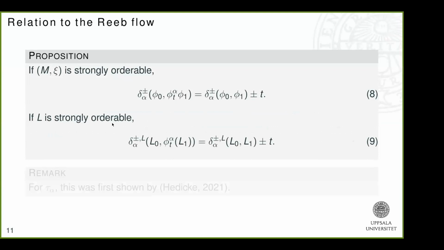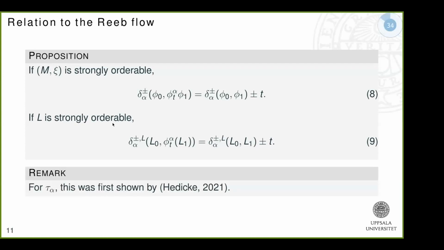So if L is strongly orderable, then again, if we act with the time t Reeb flow on one of the Legendrians, then this acts on this delta plus/minus by just adding plus or minus t. And if we formulate the corresponding result for the Lorentz distance function I mentioned earlier, then this was also already shown by Hedicke.